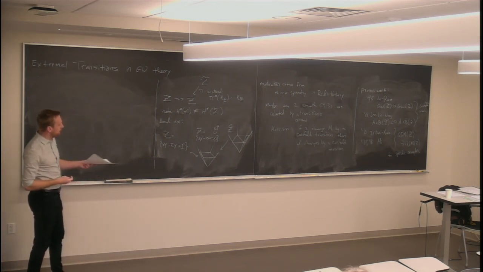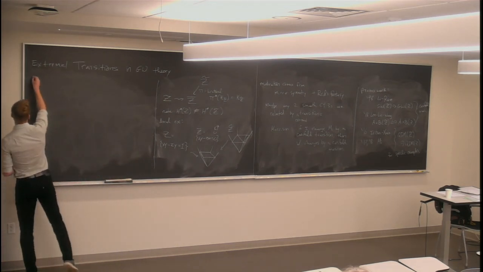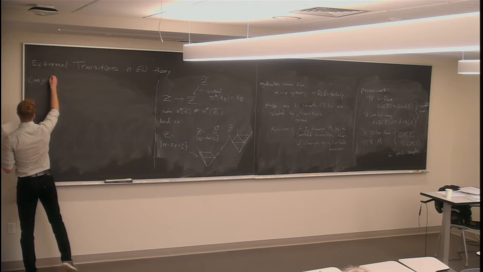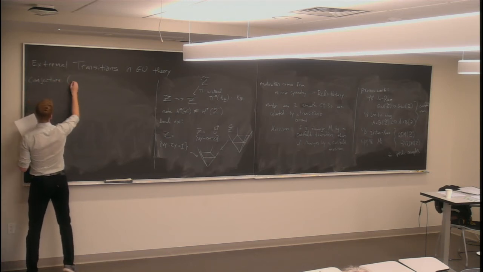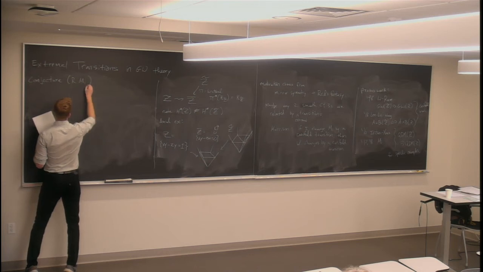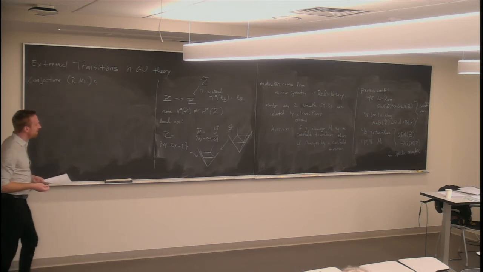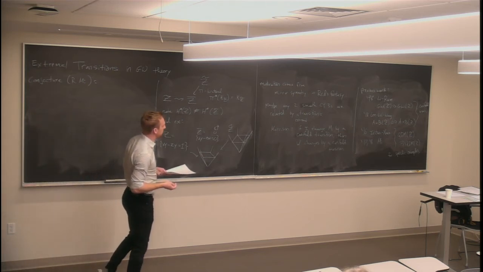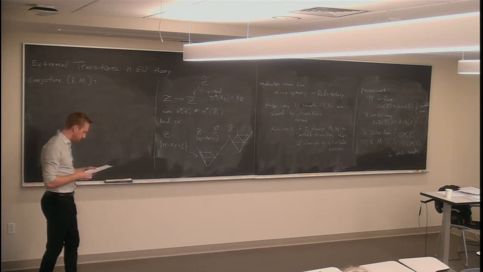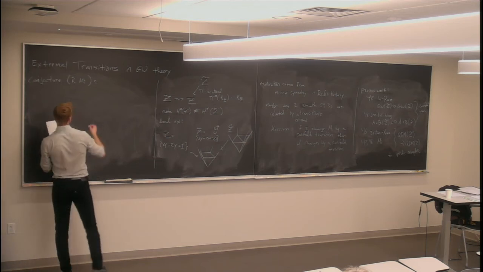And Rongxiao made a conjecture that says what maybe we can hope to expect for more general extremal transitions.